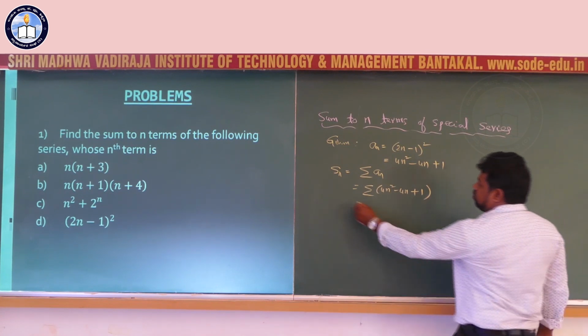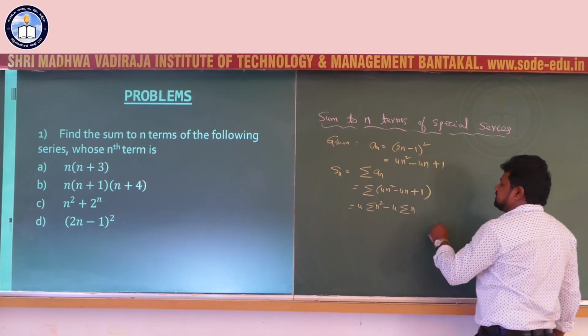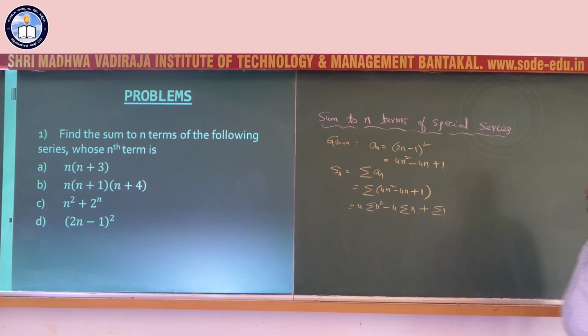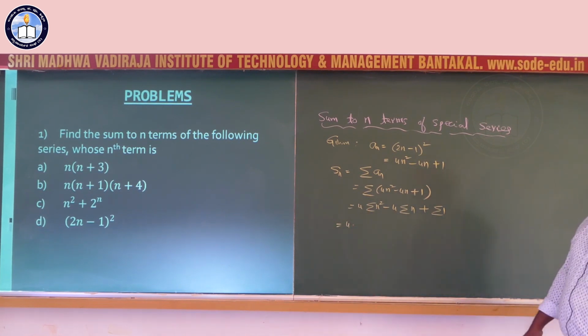that is equal to 4 into summation n square minus 4 into summation n plus summation 1, that is equal to 4 into, what is the summation n square?